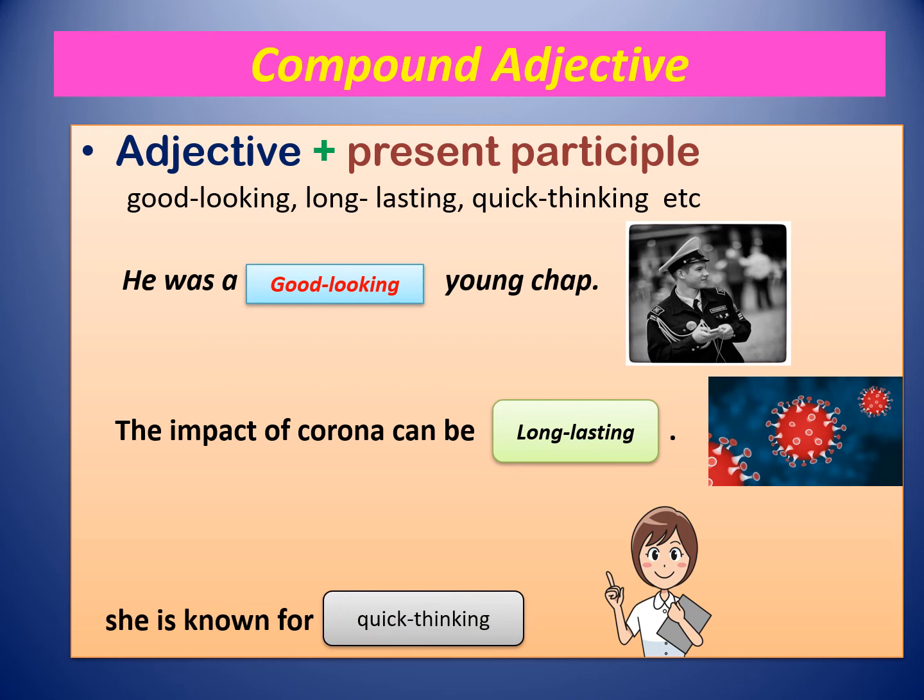She is known for quick thinking. Here quick thinking is a compound adjective. This compound adjective is formed with an adjective quick and a present participle thinking. This compound adjective is modifying the pronoun she.